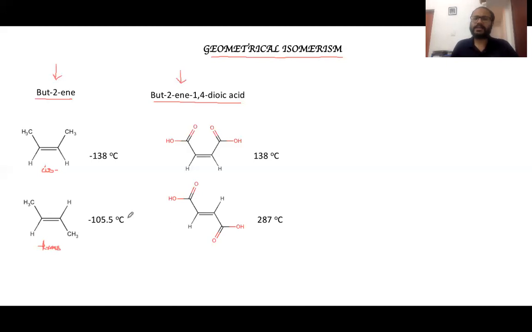Now, another thing that we are going to see right now is distinguishing between the cis and trans isomer on the basis of the dipole moment. Okay, dipole moment can also determine the distinction between a cis and a trans isomer. Let's look at one of the examples.